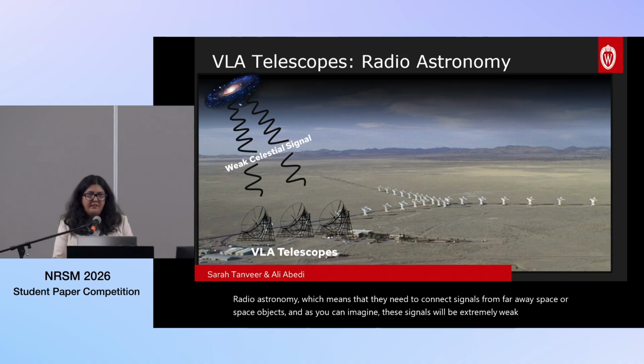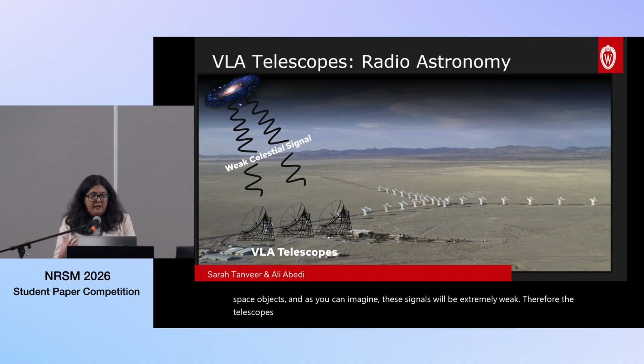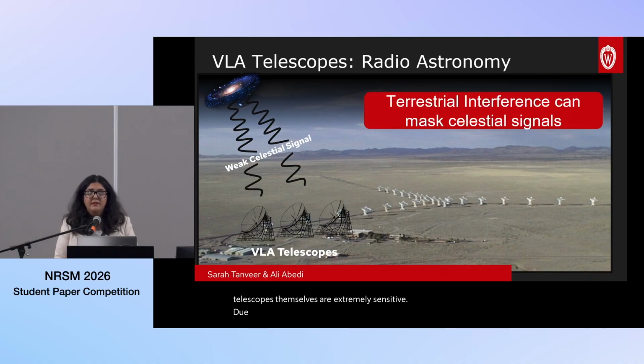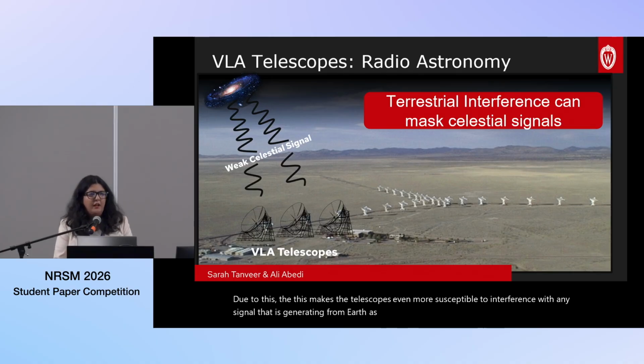Therefore, the telescopes themselves are extremely sensitive. Due to this, the telescopes are even more susceptible to interference from any signal that is generated from Earth, as obviously any object on Earth will be closer than a space object.